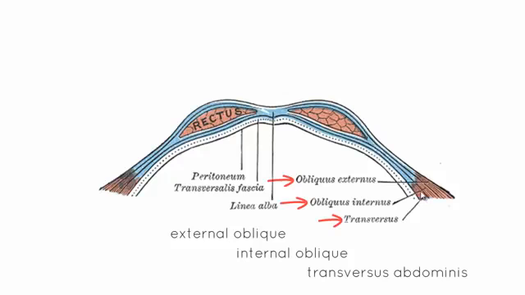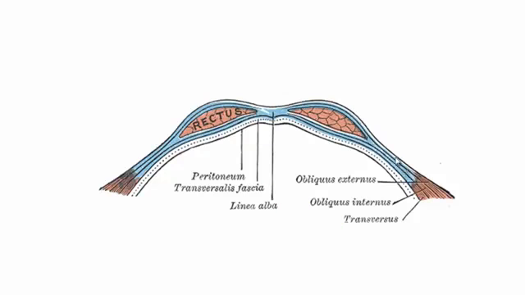So as you can see, these muscles form this flat tendon, which is known as an aponeurosis. So the aponeuroses of these three muscles enclose the rectus abdominis muscle in what is called the rectus sheath, and these aponeuroses meet at the midline to form the linea alba.